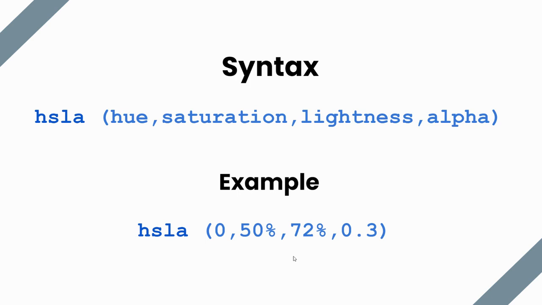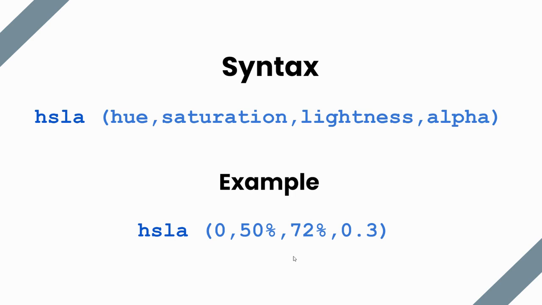Yeah, so on this screen we have the syntax for the HSLA, which is similar to the HSL, but then the alpha is the last parameter here. And from the example you can see that it's similar to the example we had in the HSL section. The only difference is the fact that we have an alpha parameter of 0.3.